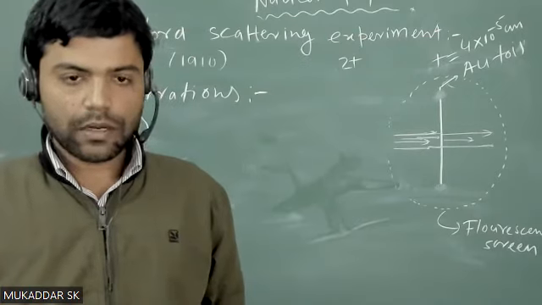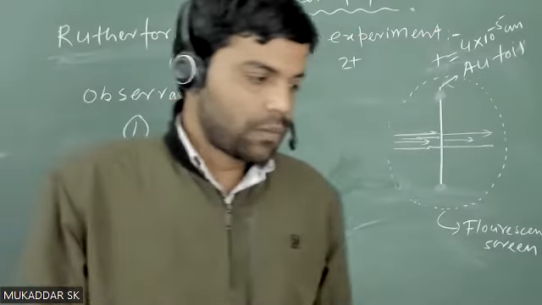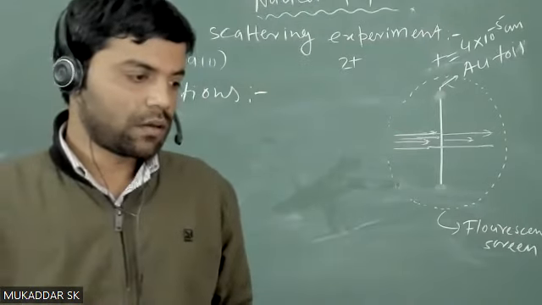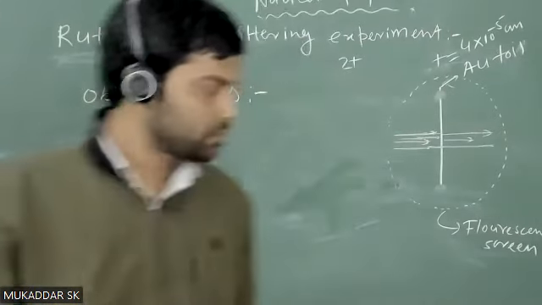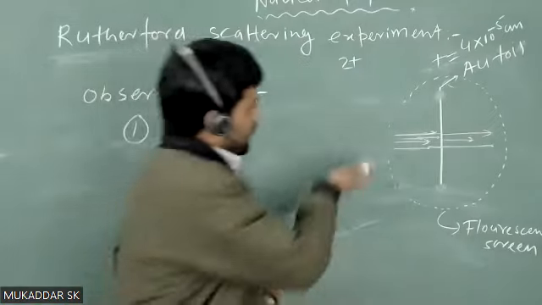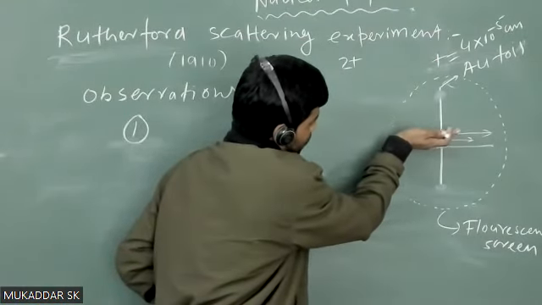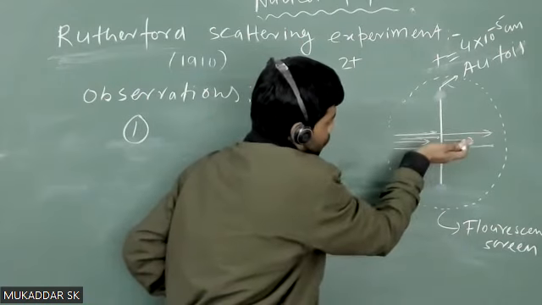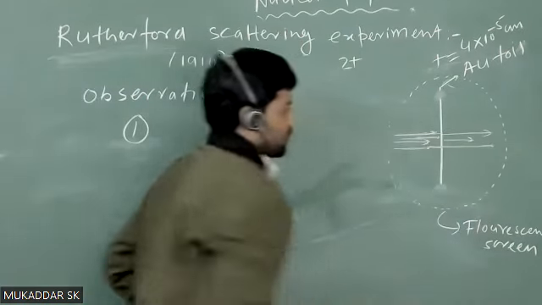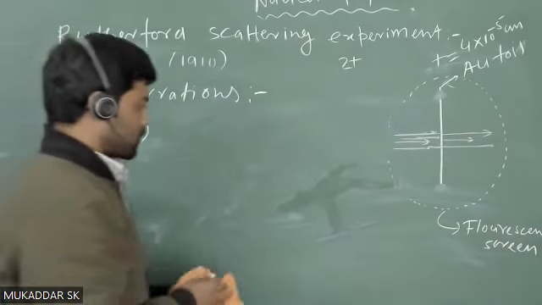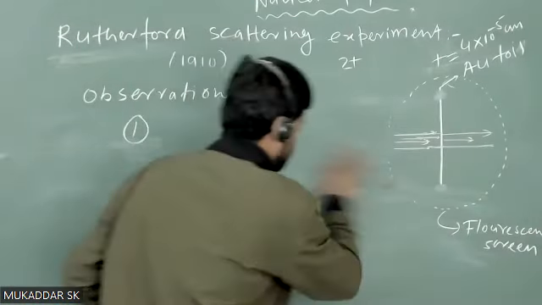Most of the alpha particles pass through the gold foil without any deviation in path, like they were going in a straight line, and after striking this gold foil, they pass through without changing any path. This is the first observation.